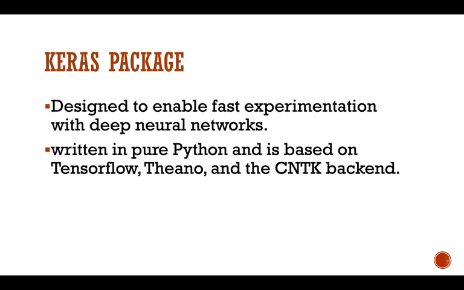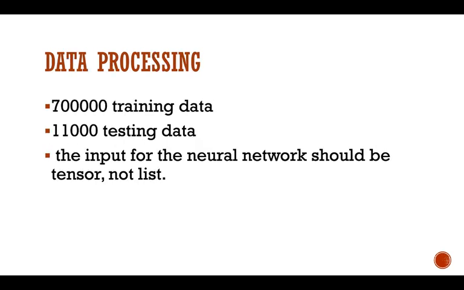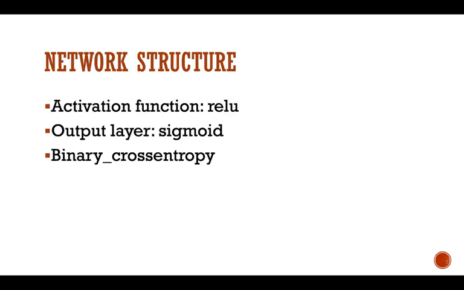For this problem, we have about 700,000 data points about the trend of the price, including open, low, close, volume, and return, to train the model, and about 11,000 to test the model. The output of the model is the label of the trend of the price. 1 means up and 0 means down.